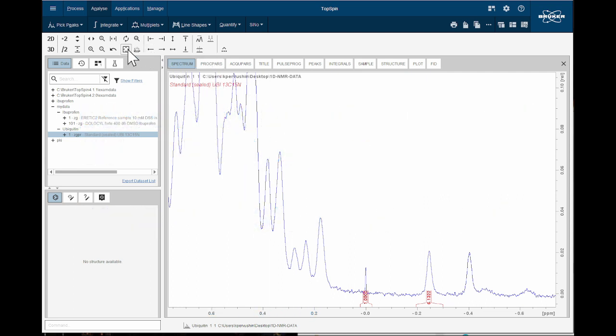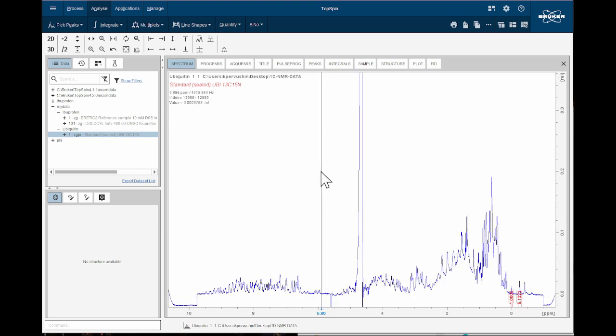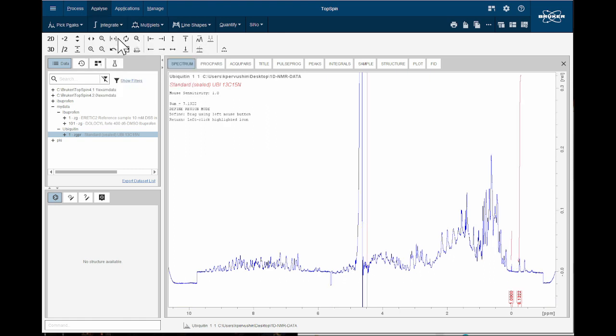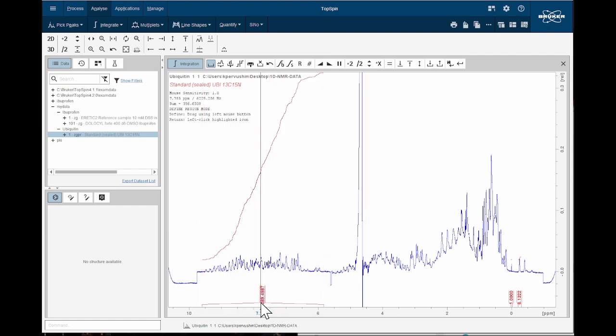Alternatively, we can integrate this part of the spectrum, so up to here, which would include all the amide protons and aromatic protons. So let's integrate again. So manual integration, and now I can integrate from here to here.